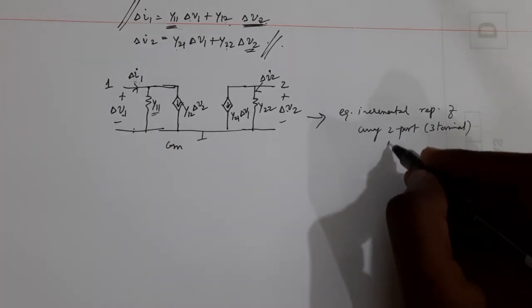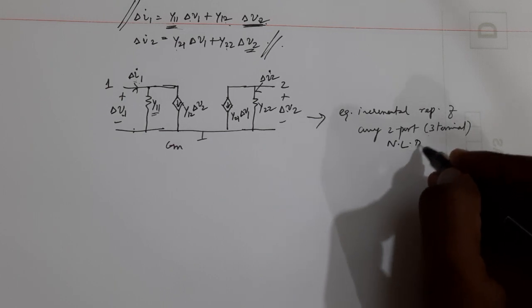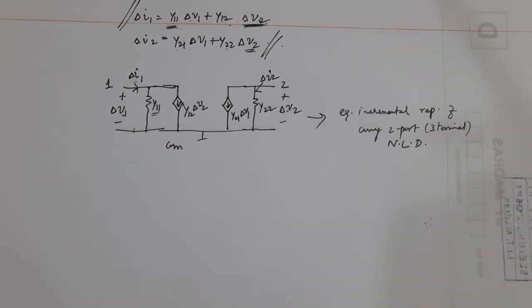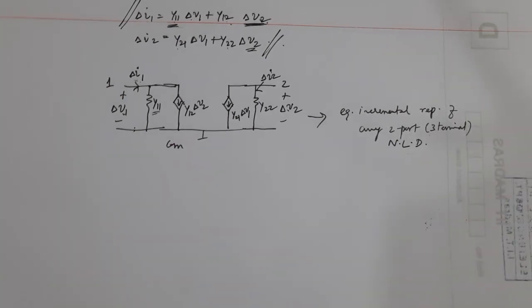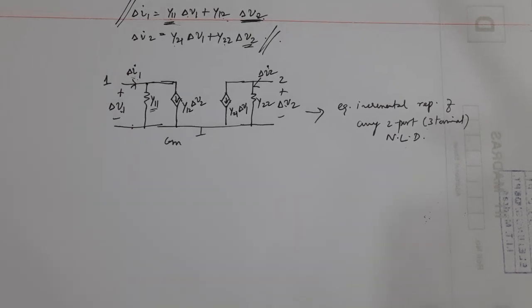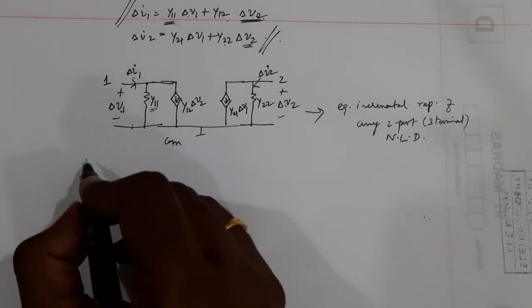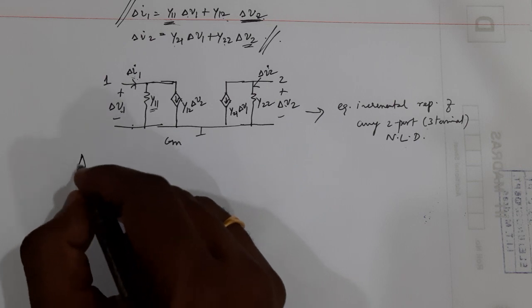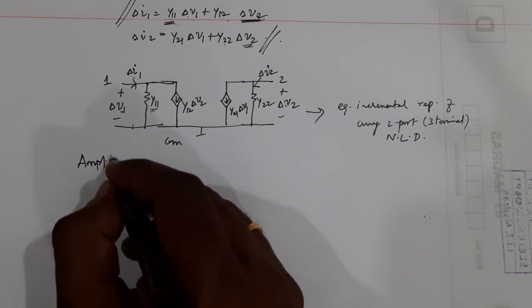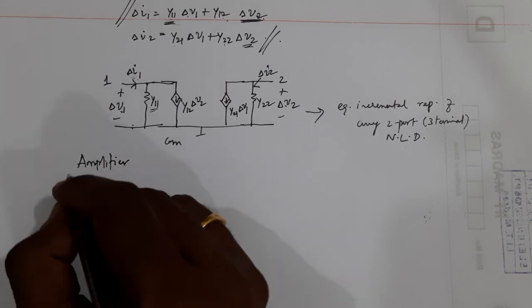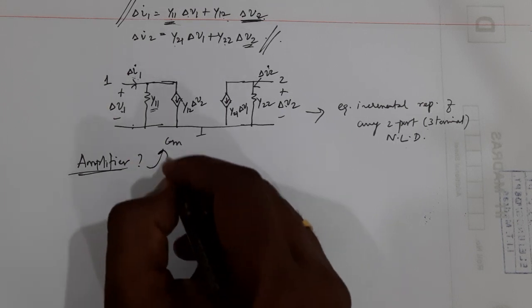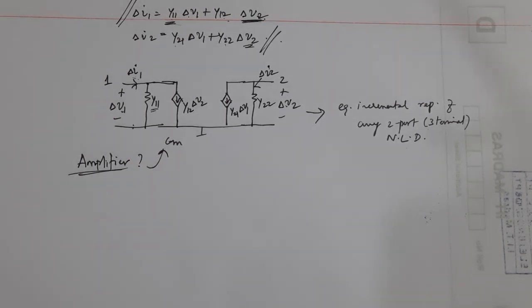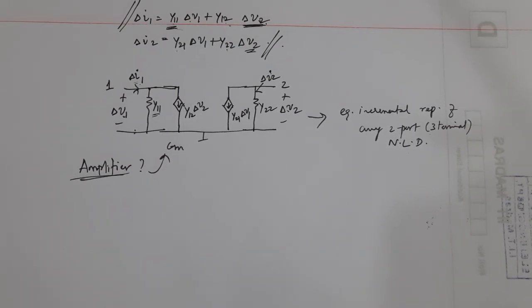Any two port three terminal non-linear device, it's the incremental equivalent picture. But finally my aim is to build an amplifier, so the question is whether this will work as an amplifier. If it has to work as an amplifier, what should we do?